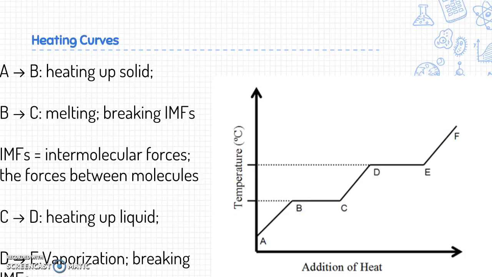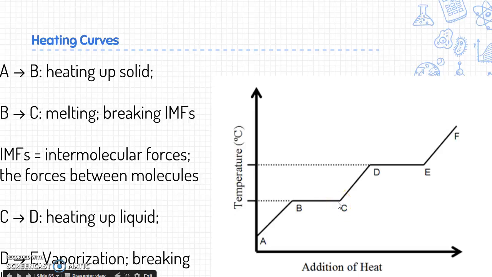The particles are moving faster, the temperature is going up. From B to C, you can see that the temperature is staying the same. We have this plateau in the heating curve, and that point is where melting is occurring.